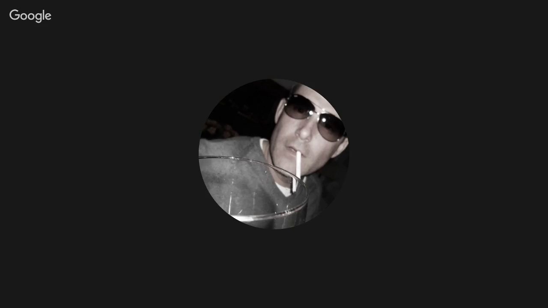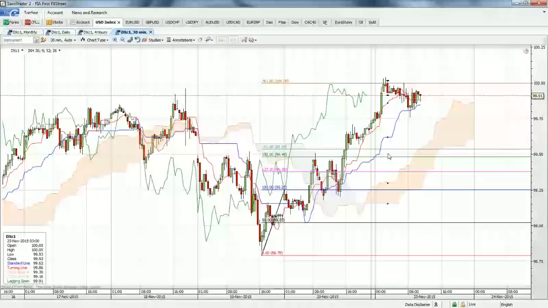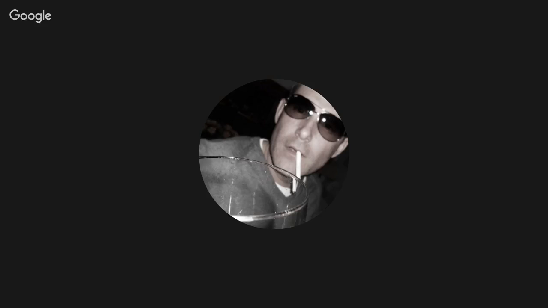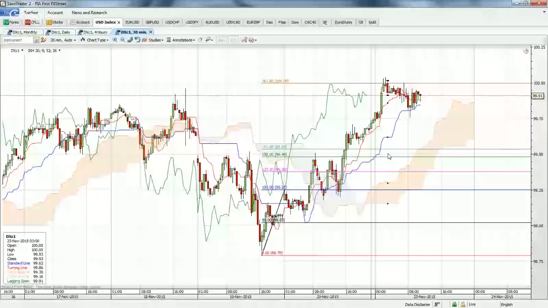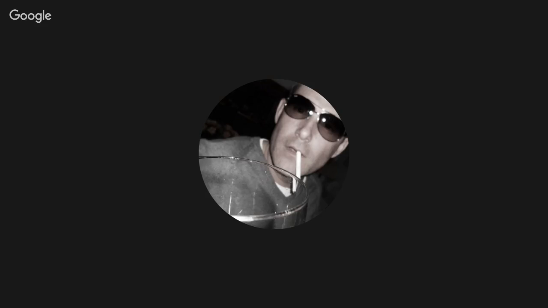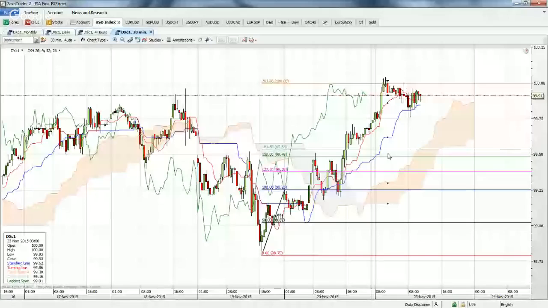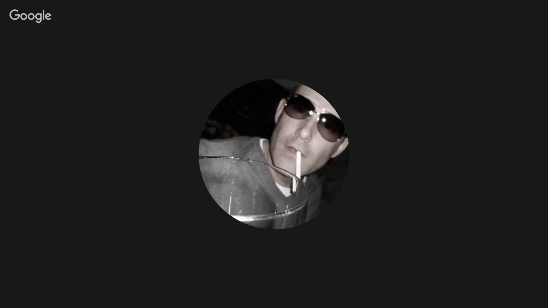Basically what we'd look to do is buy dips around this 99.60 area. It's only if the correction lower in the dollar index becomes more aggressive, which I don't think it's going to, that the bias will turn. So at the moment, the bias is still for buying dips, but not at this level; a deeper correction would be around 99.60.